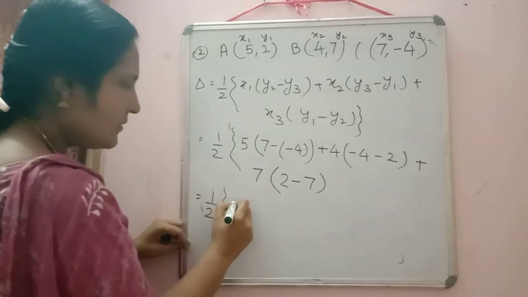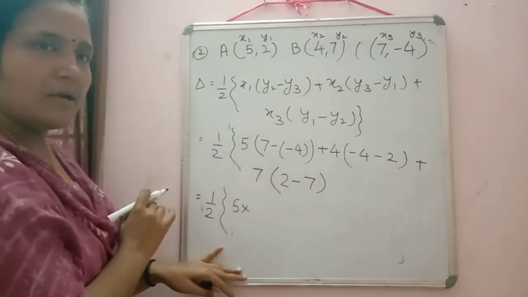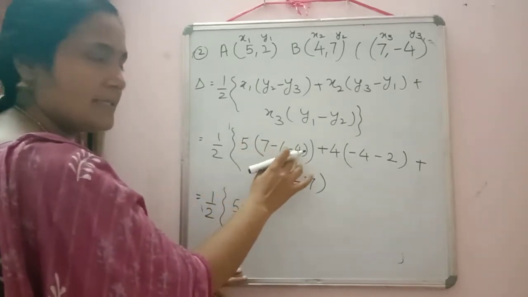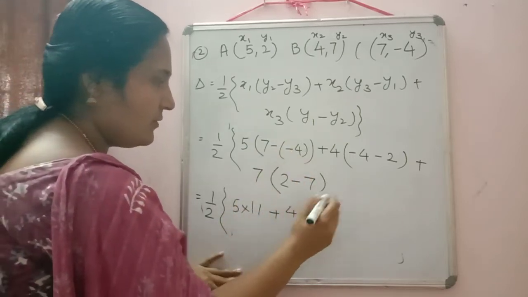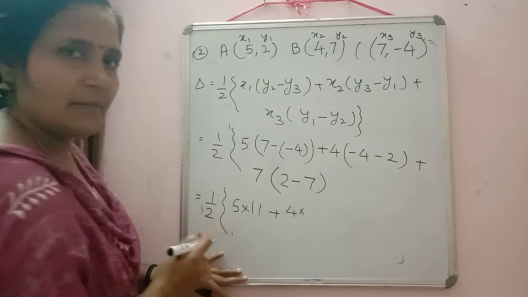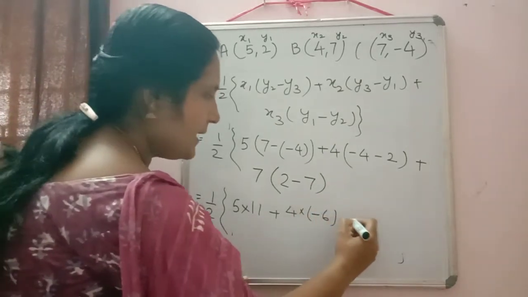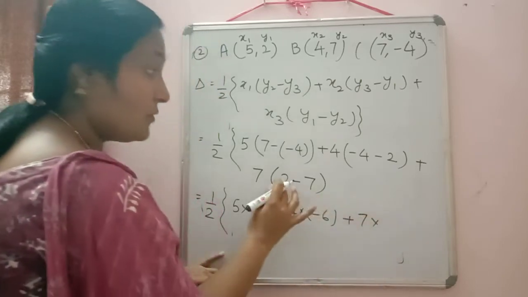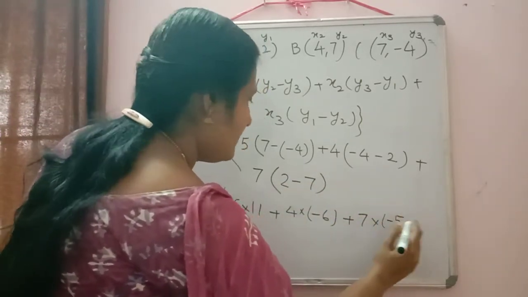Now we will check what we are getting now. So here it will be equal to 5 into 7. Minus into minus will be equal to plus. So 7 plus 4, 11. Plus 4 into minus 4 minus 2 will be equal to minus 6. Plus 7 into 2 minus 7 will be equal to minus 5.